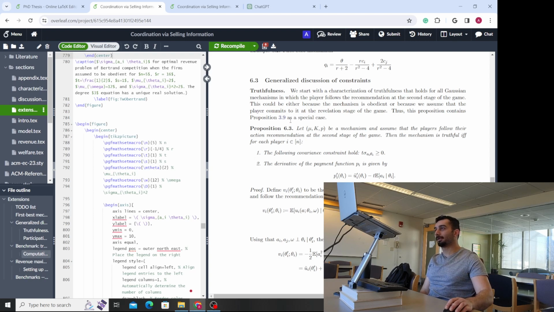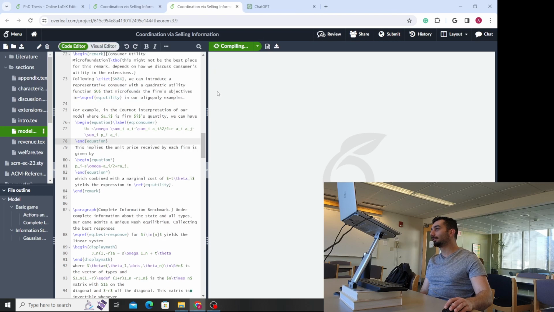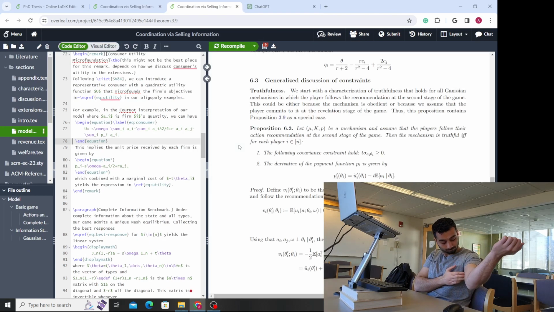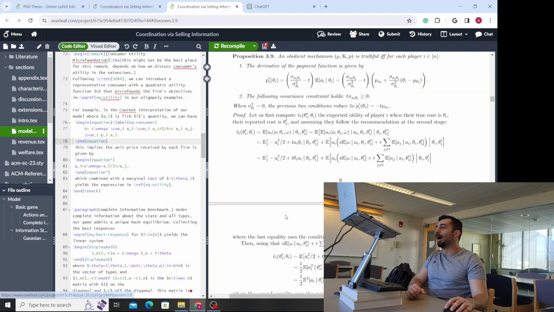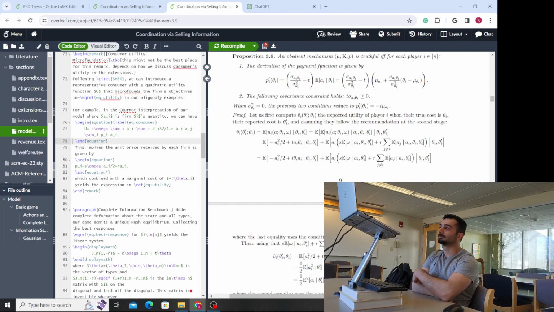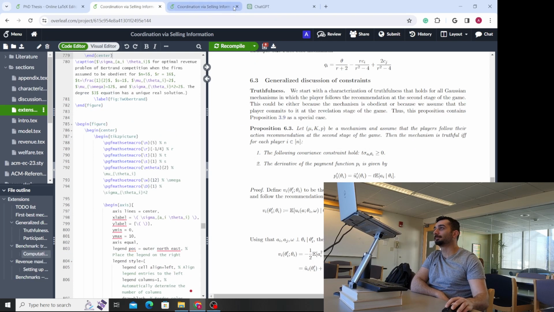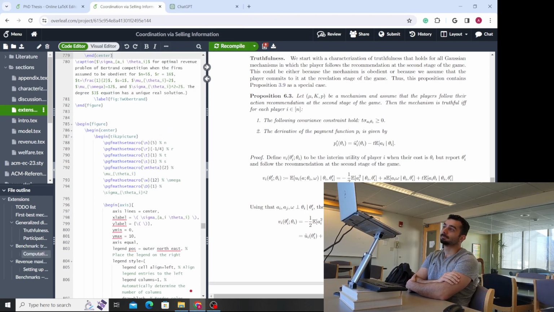What is proposition 3.9? So, assuming that they are following the action recommendation at the second stage, the mechanism is truthful if and only if the covariance of this and the derivative of the payment function is given by this.